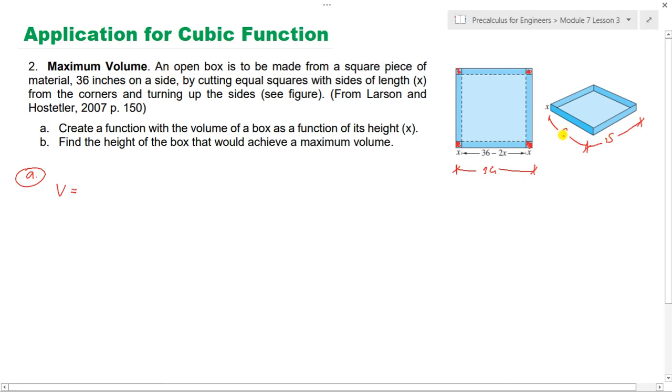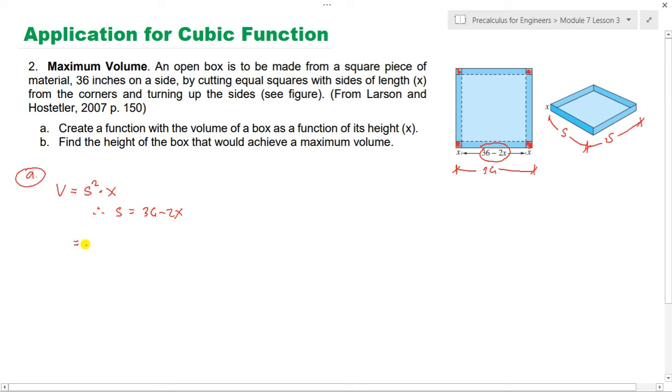Therefore the volume is just the square of the side, s squared, because it's length times width times the height, which is x, right? And what is the value of our side? It is 36 minus 2x, because the base is that. So s is equal to 36 minus 2x.